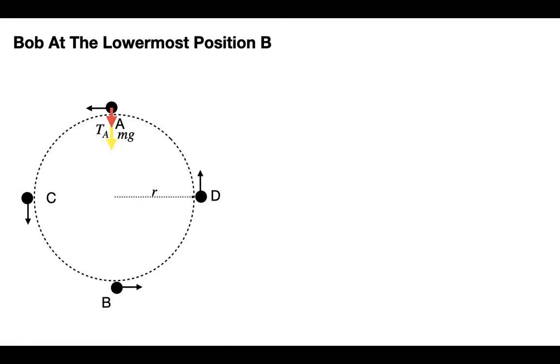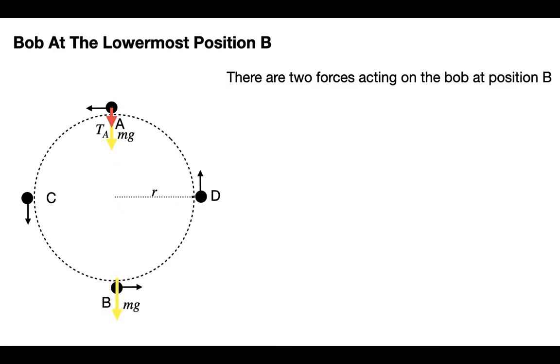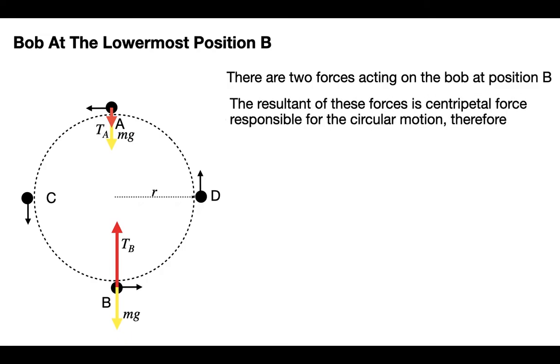Now consider the bob at the lowermost position B. Again, there are two forces acting on the bob at position B: the weight or gravitational force, and the tension Tb. The resultant of these two forces is the centripetal force responsible for the circular motion. Therefore, we can say Tb minus mg is equal to m Vb square by r.